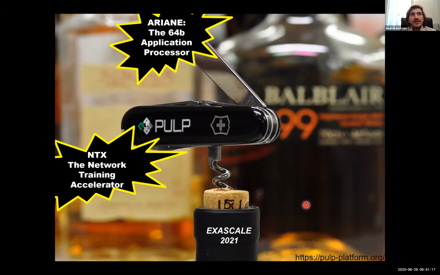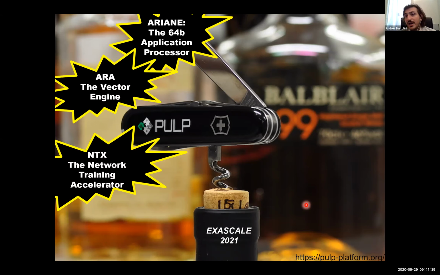Then we have the NTX, which is the Network Training Accelerator, which directly targets the training of neural network models, and this is an IP designed to increase the utilization of the floating point unit with reduced numerical precision formats, which is handy for this computation. Then there is the ARA, the vector engine, a configurable floating point vector unit.